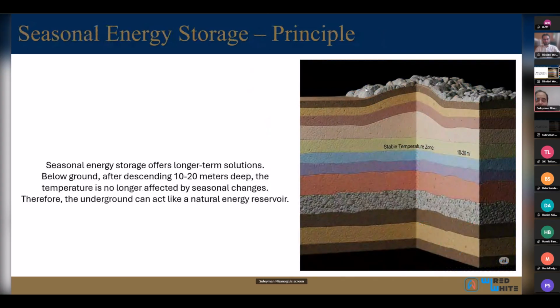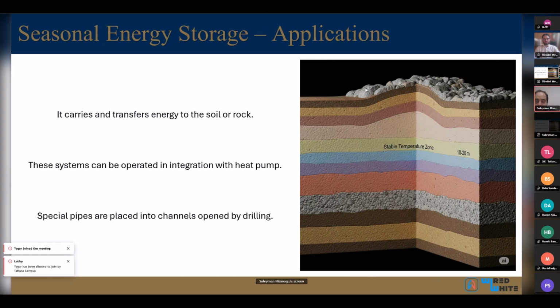Another energy storage method is seasonal energy storage, a long-term solution. After 10 or 20 meters underground, temperatures are no longer affected by seasonal change. Therefore, the underground can act as a natural energy store in rock.